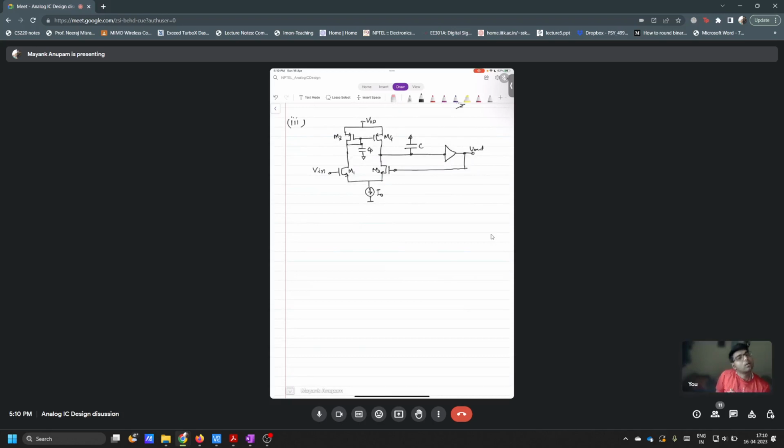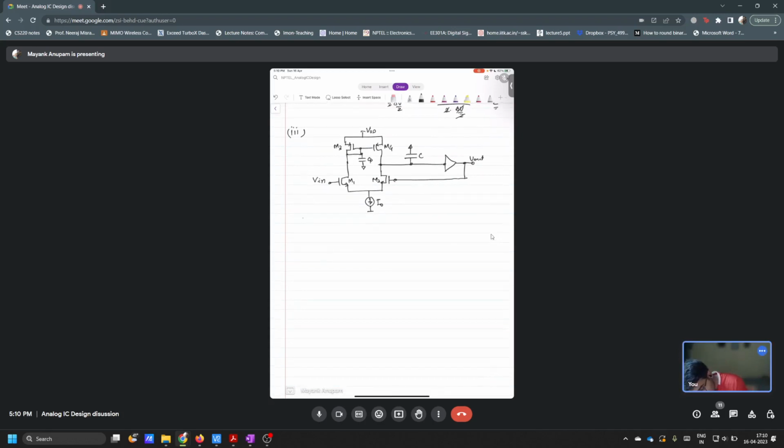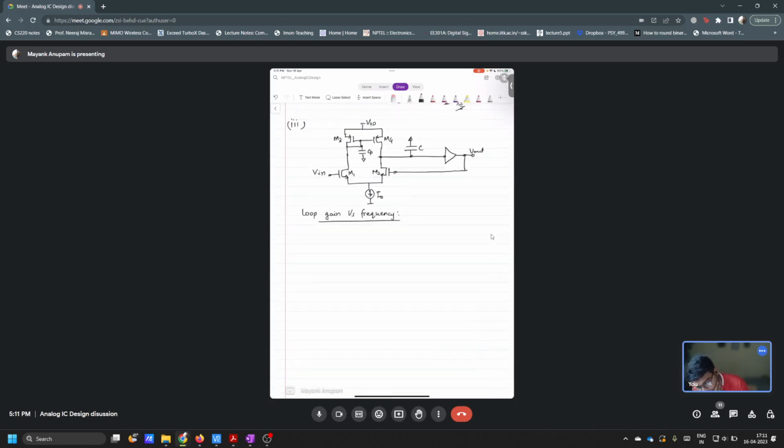So loop gain is 1. No, no, I'm talking about loop gain versus frequency. What is the loop gain as a function of frequency? How will you find the loop gain? Sir, break the loop at anywhere and apply a test.